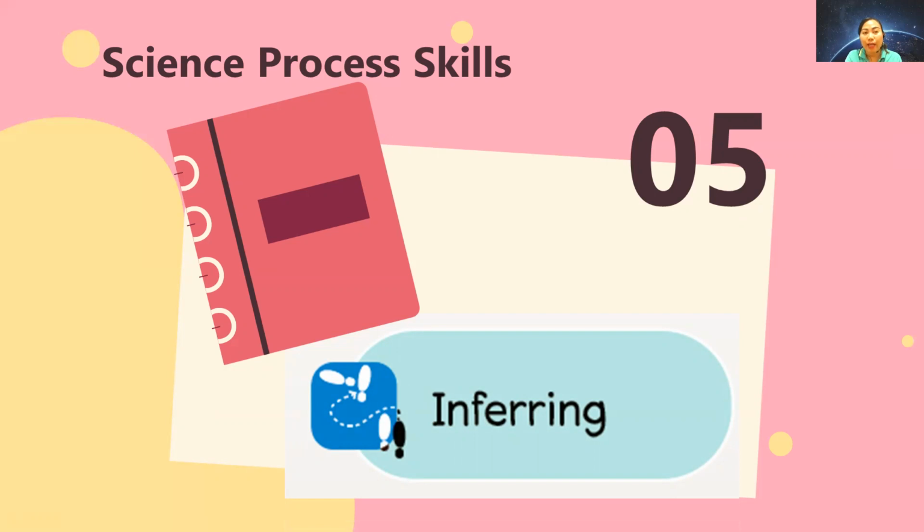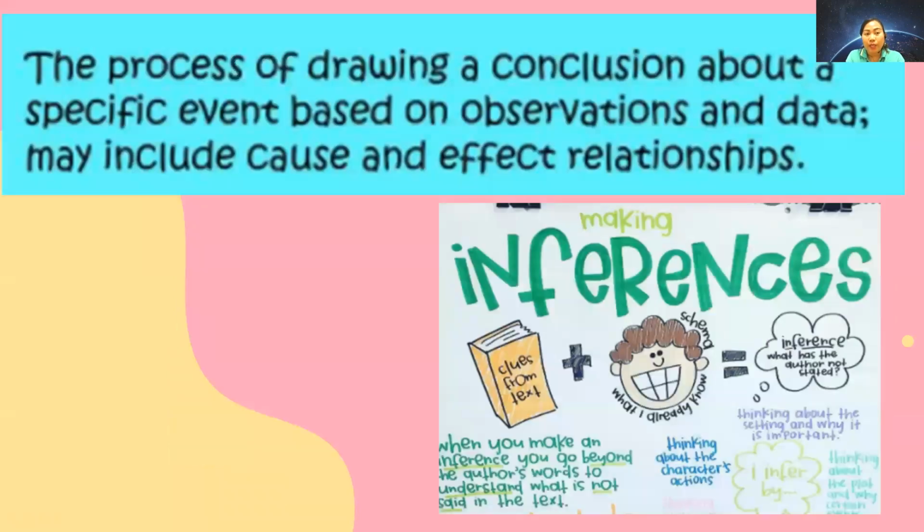You saw that the butterflies have different colors. Now you can see that butterflies have different colors, or we can group the butterflies according to their colors. So in inferring, this is drawing a conclusion or making a conclusion.